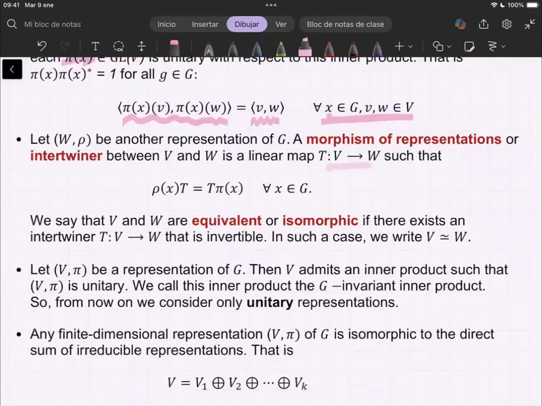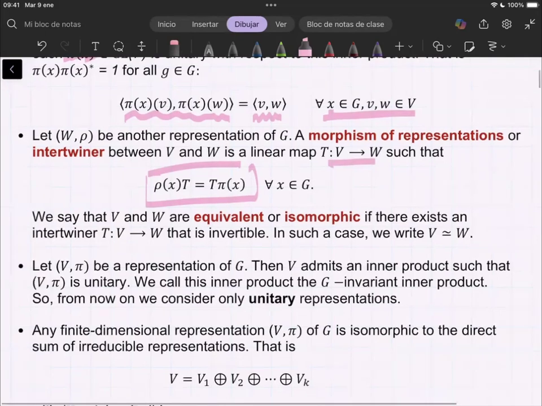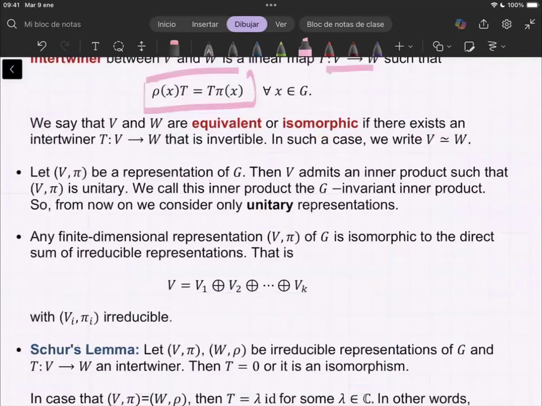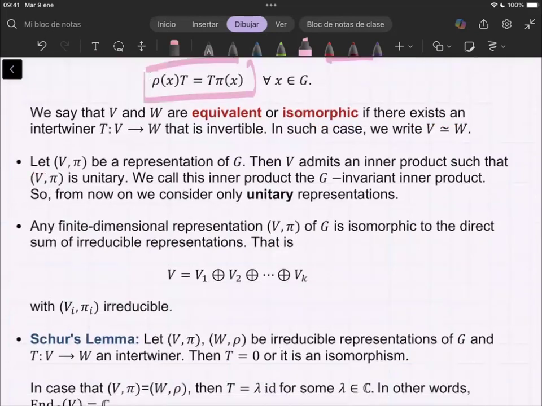And we said that any finite dimensional linear representation admits an inner product that is G-invariant.